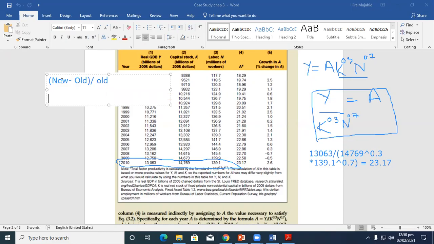Just to check the value, you can write 18.74 minus 18.29, divided by 18.29. Definitely this gives you the value 2.5.